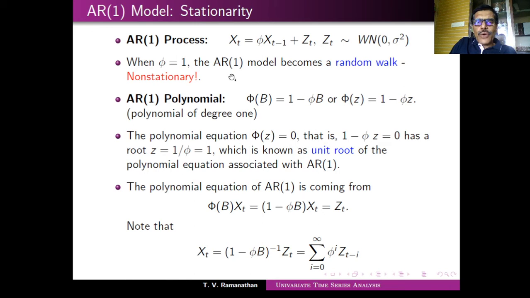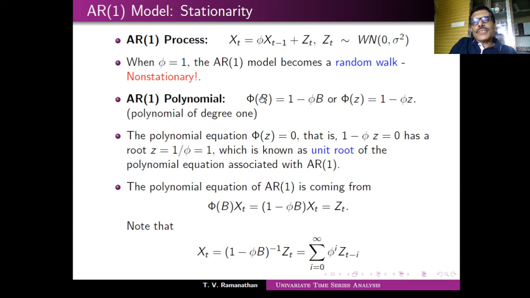When phi equal to 1, the AR model becomes a random walk, xt equal to xt minus 1 plus zt. We have studied the random walk in detail and seen that it is non-stationary. So when phi equal to 1, it is non-stationary.